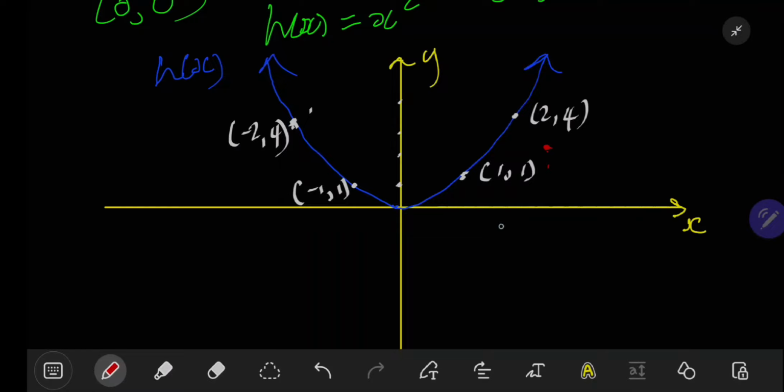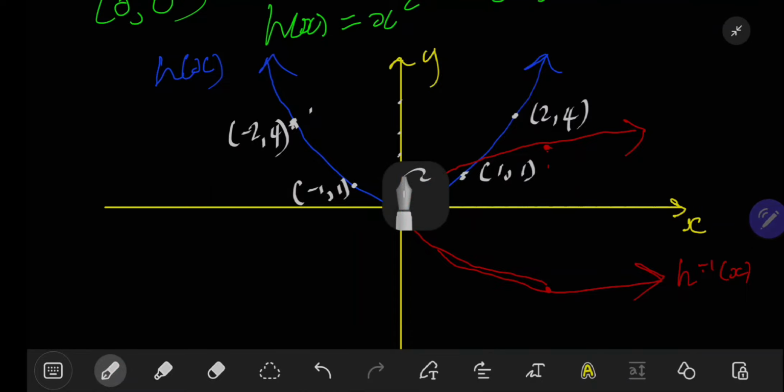And then this one, similarly, will come down here. You see? So the turning point will be the same. So our graph will be something like this. So this will be our inverse function. So this is h negative 1 of x.